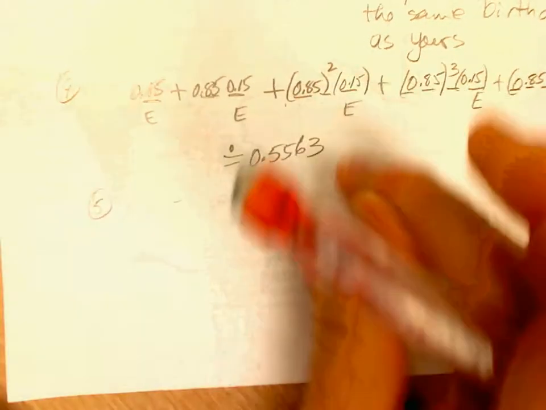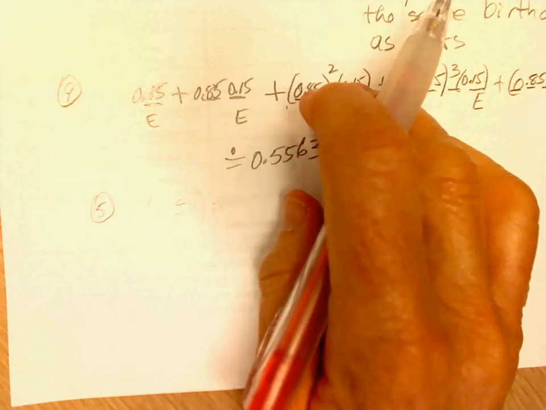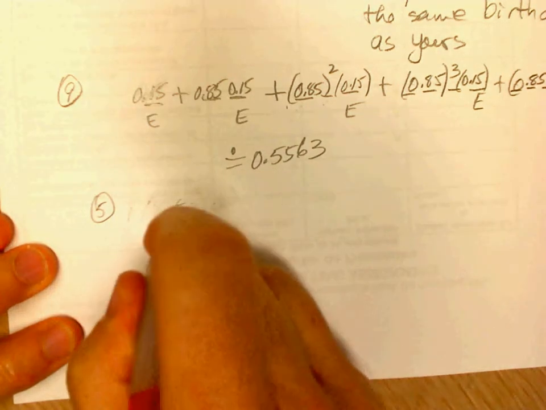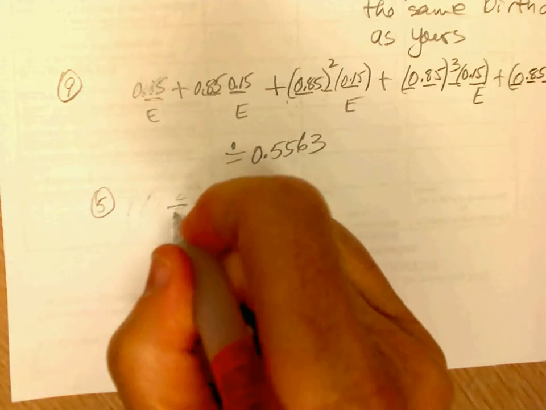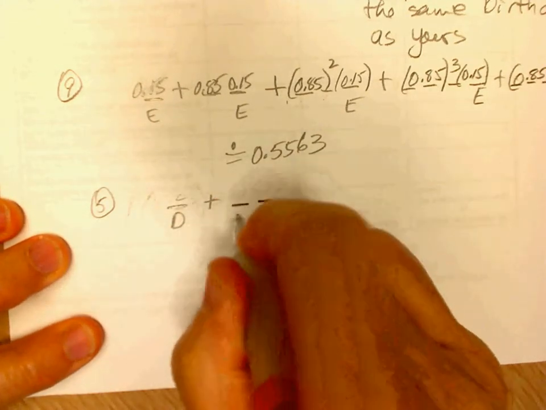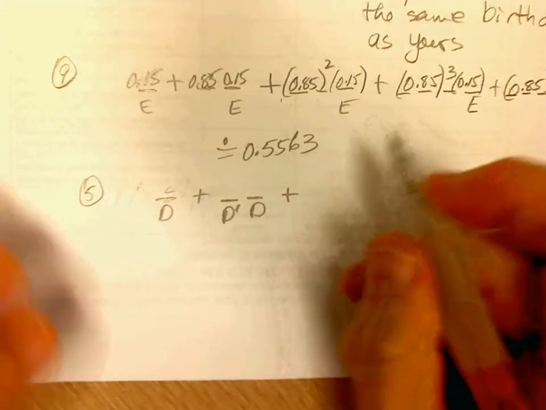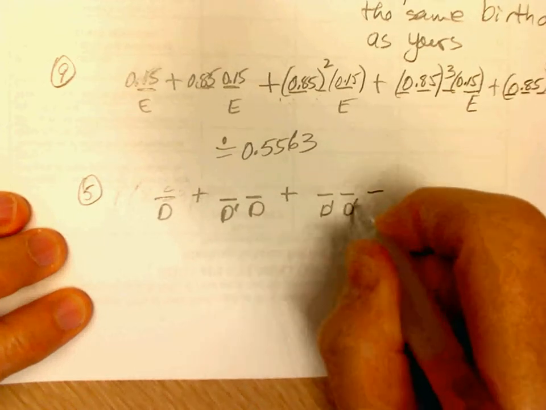In order to roll within fewer than 4 rolls of dice, you either get doubles on the first one, or you get doubles on the second one, or, oh, it's fewer than 4, you get doubles on the third one.